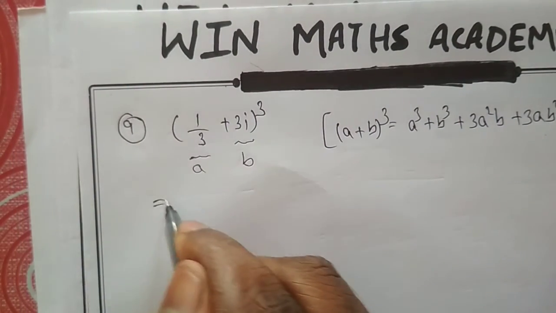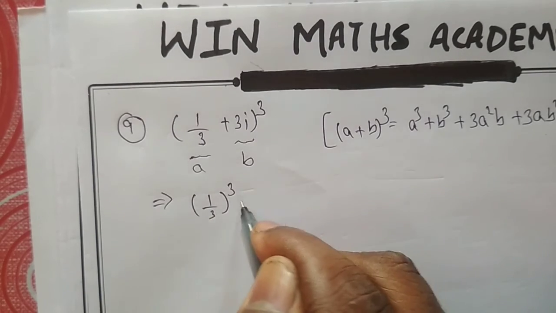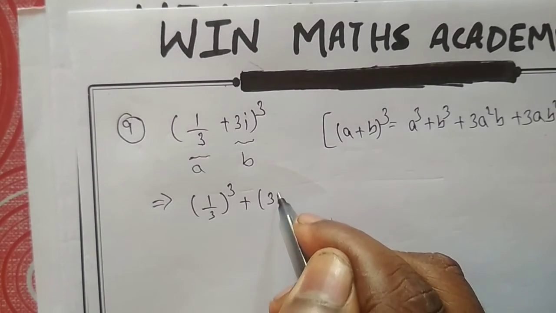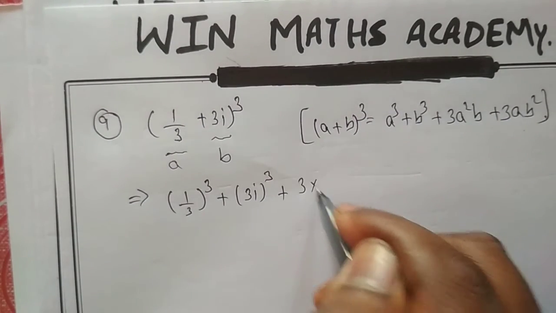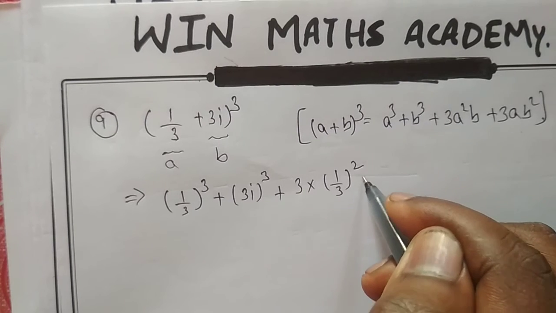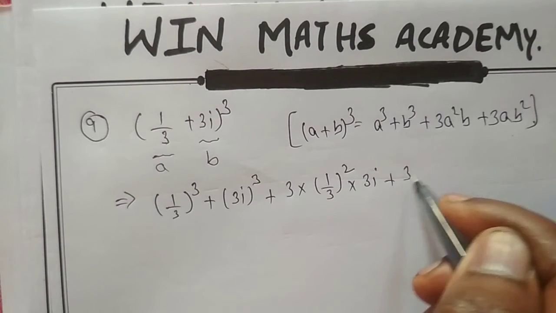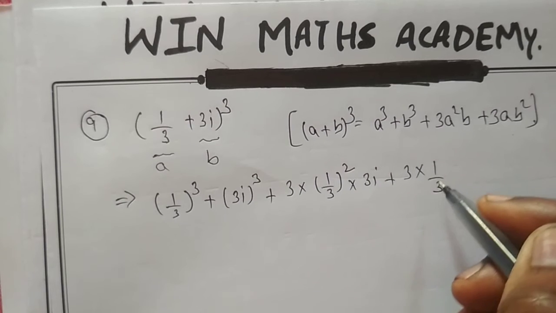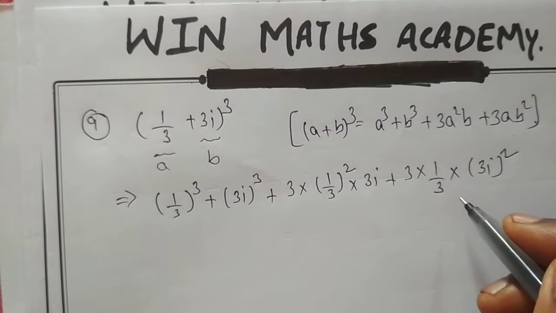That implies (1 by 3) whole cube plus (3i) whole cube plus 3 into (1 by 3) whole square into 3i plus 3 into 1 by 3 into (3i) whole square.